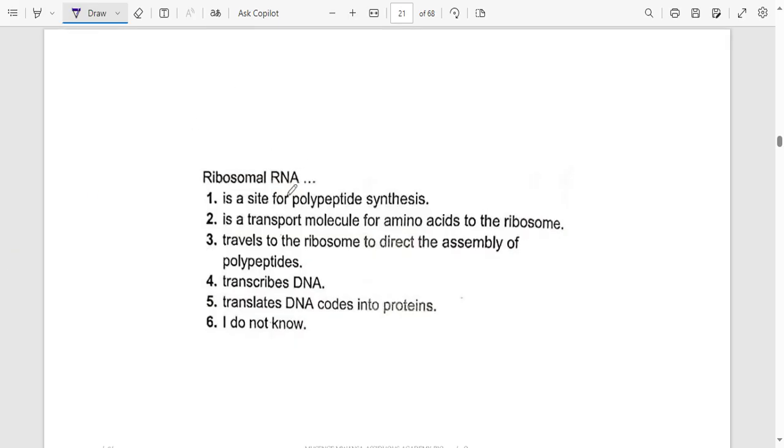Ribosomal RNA is a site of polypeptide synthesis. Is that true? Okay. You said no. Is a transport molecule for amino acids to the ribosome. Is that true? Travels to the ribosome to direct the assembly of polypeptides. Is that true?